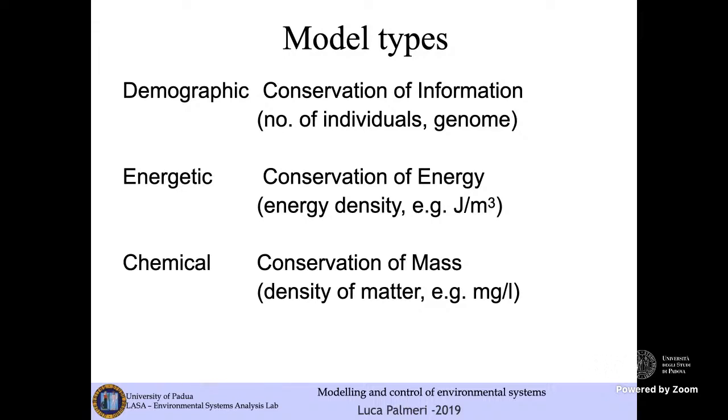I have silently introduced a new concept, the concept of a currency. The currency is what is exchanged between the various compartments or elements that appear in the model. So currency may be energy, matter, number of individuals, and so on.